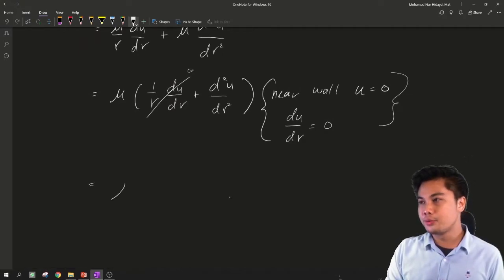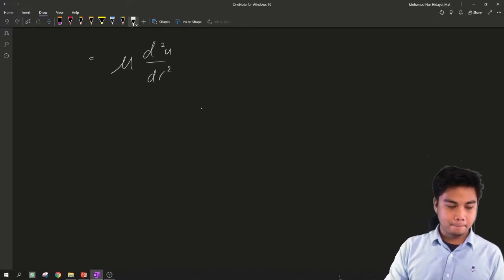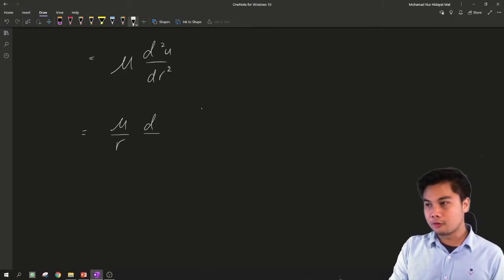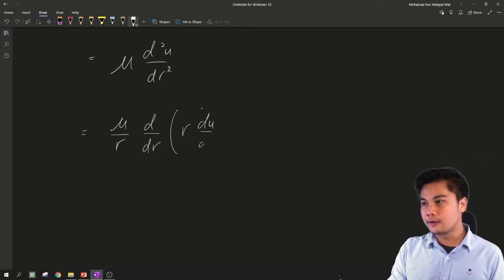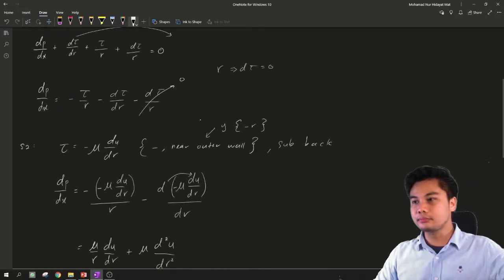So mu d squared u over dr squared. After that, try to rearrange like this. Mu over r. This one we separate d over dr. And then we factorize r. We do r multiplied with r, the conjugate of r with r. And finally, this is du over dr. So after this step, this is step number 2.